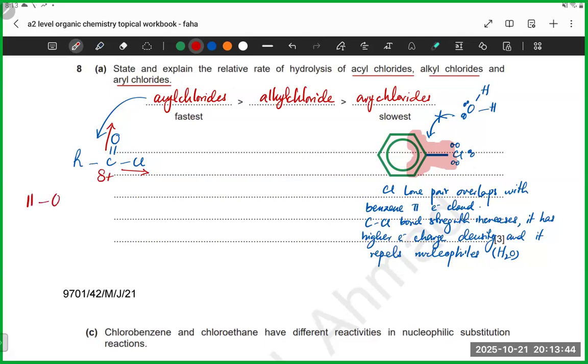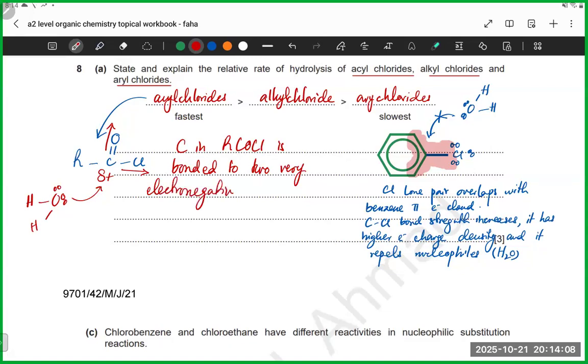And your water nucleophile is very strongly attracted to it. So C in RCOCl is bonded to two very electronegative atoms, and you can name the atoms: oxygen and Cl.